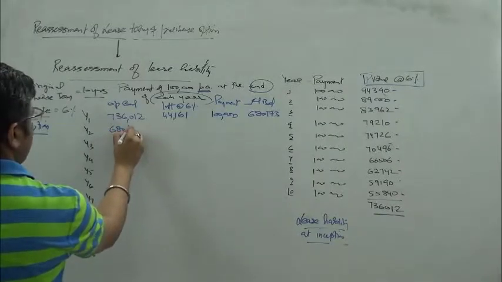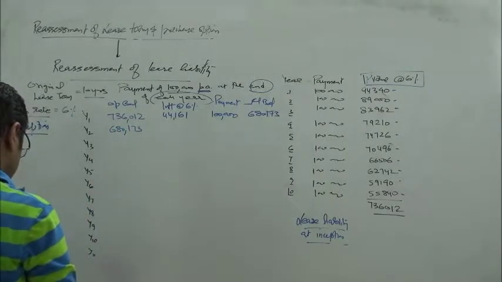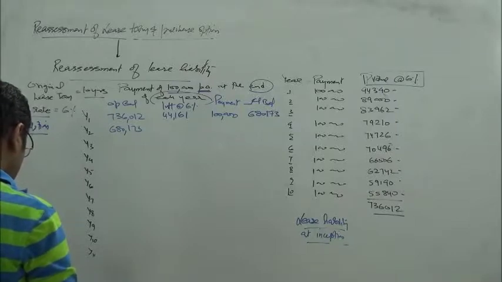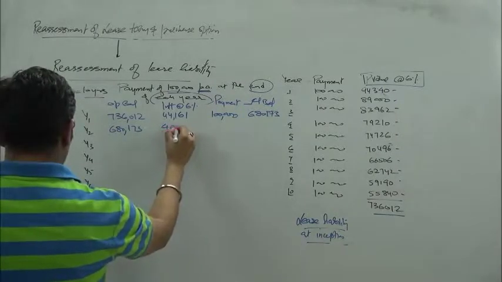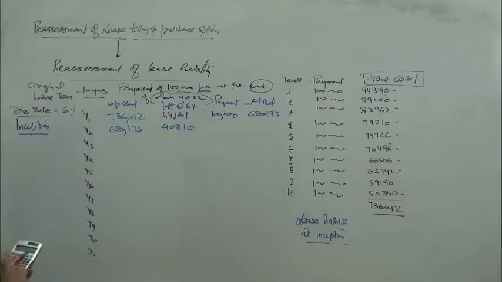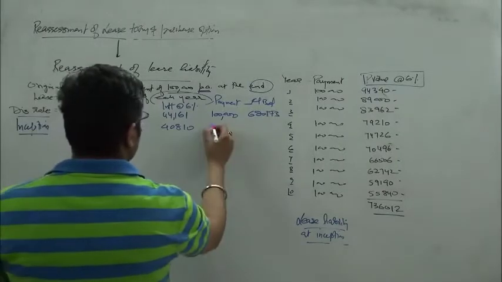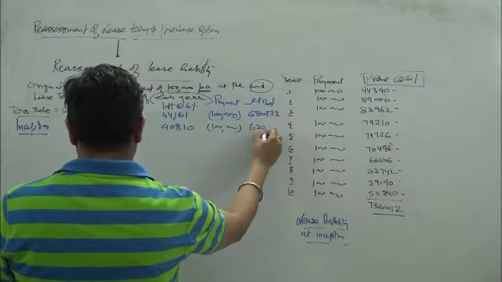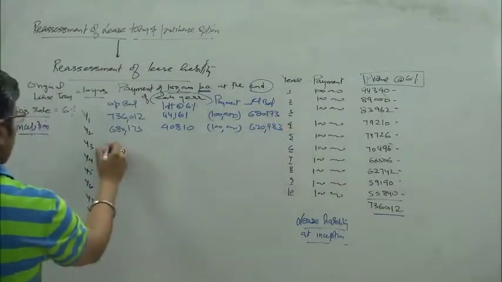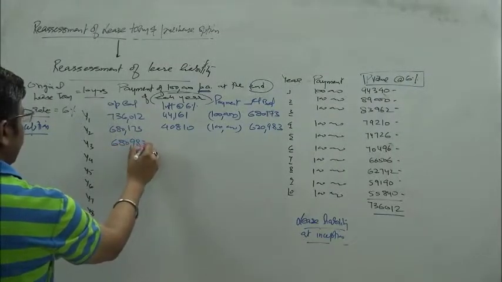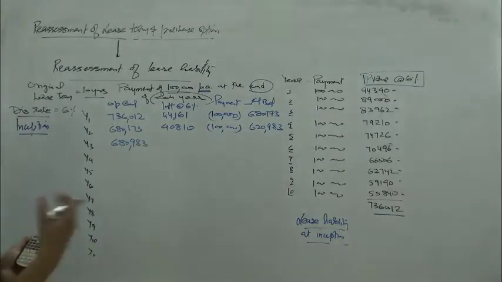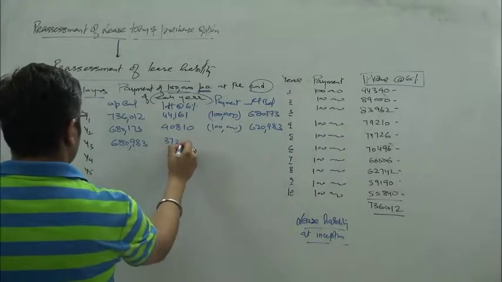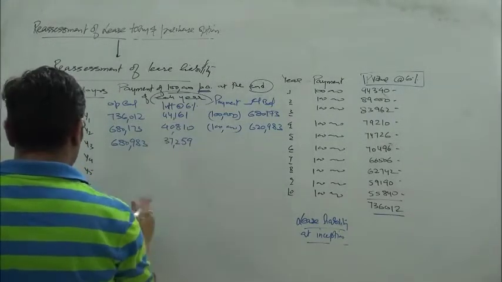So this becomes my opening balance, and then I'm just doing these calculations further. 40810. So I can use this number 680, and this becomes 620983. I'm taking 6%. So I'm doing these calculations very quickly now, and we'll do the accounting part of it as well. Okay.